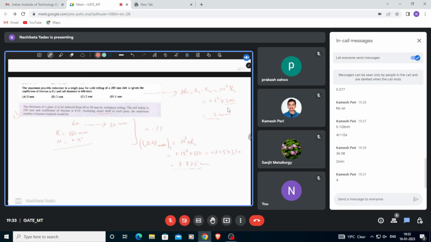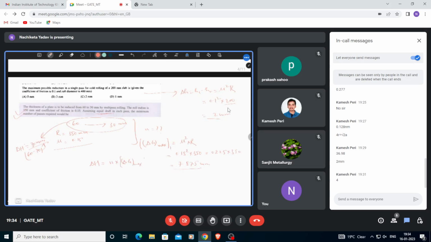Here the total reduction, suppose delta H, is 60 minus 30, so we get 30 mm. So total reduction will be equal to n number of passes, assuming equal draft, times delta H max.